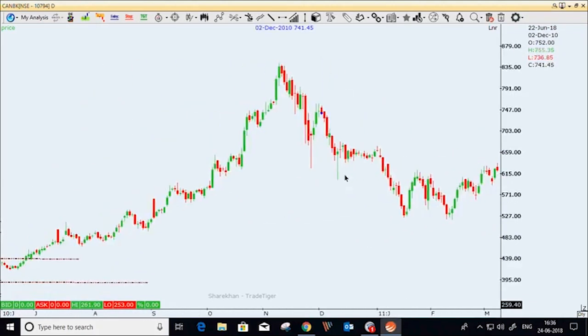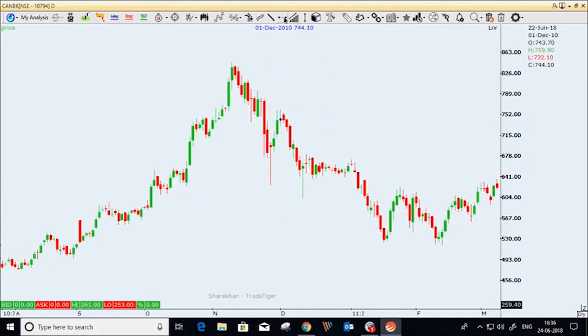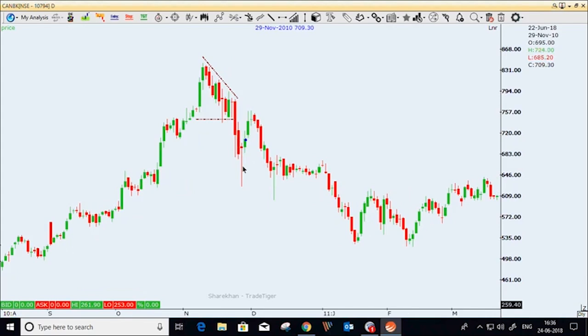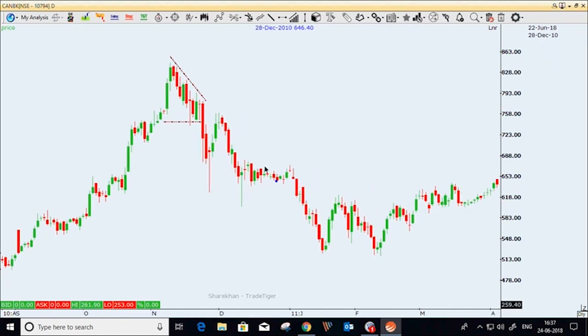Let me go very close and see what happened there. As you can see, price breaks down. This is my distribution. Price moves up and drops, and thereafter another distribution gets created here.